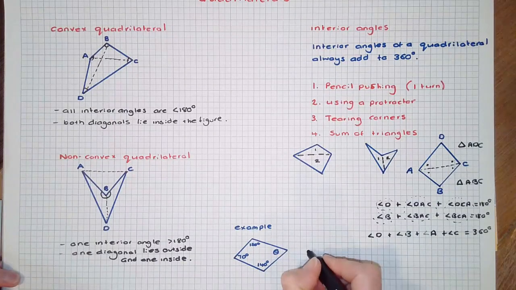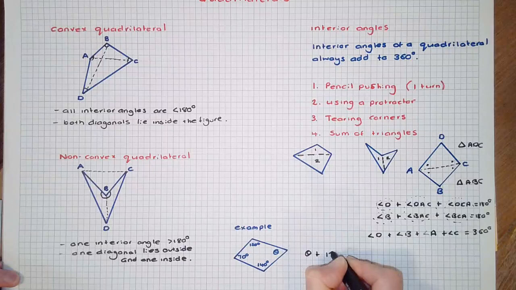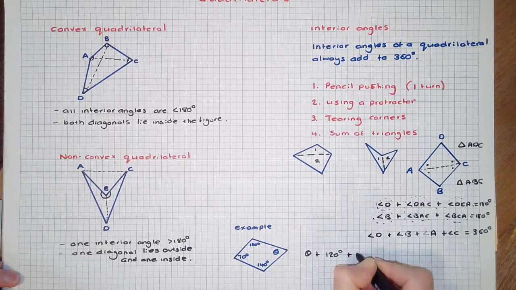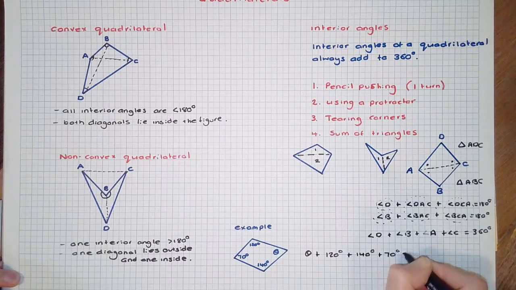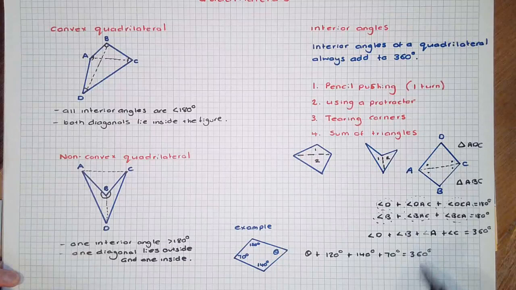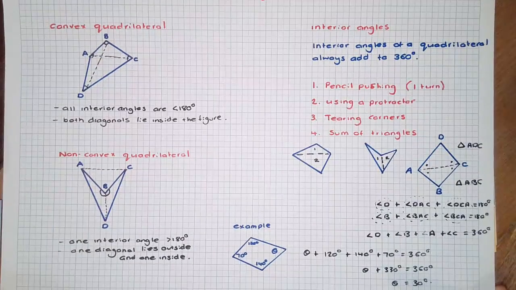We know that theta plus 120 degrees plus 140 degrees plus 70 degrees should all equal 360 degrees, being the sum of the interior angles of a quadrilateral. Therefore, theta plus 330 degrees equals 360 degrees, leaving theta to be 30 degrees, using the interior angle sum of a quadrilateral.